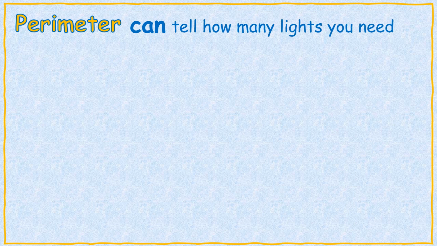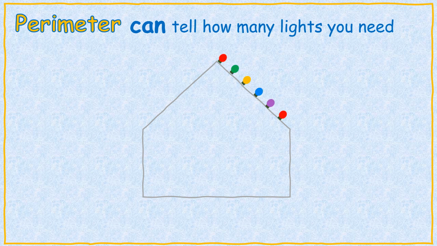Another example of what perimeter can be is if I wanted to figure out how many lights to put around my house during the holidays. Let's say that this is the front of Miss Wallen's house. It's a pentagon. I would need to add up each one of these sides to fill out my whole entire house.